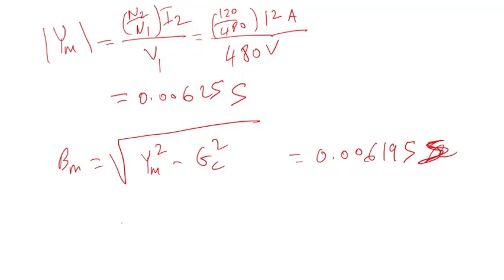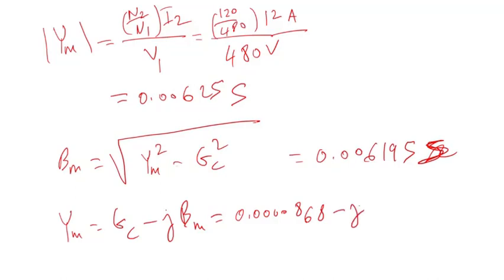In other words, YM is equal to GC minus j times BM, which is 0.0000868 minus j times 0.00619 Siemens. So that was it for this video. Thank you and have a great day.